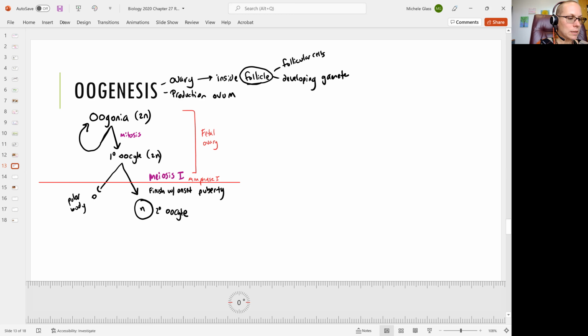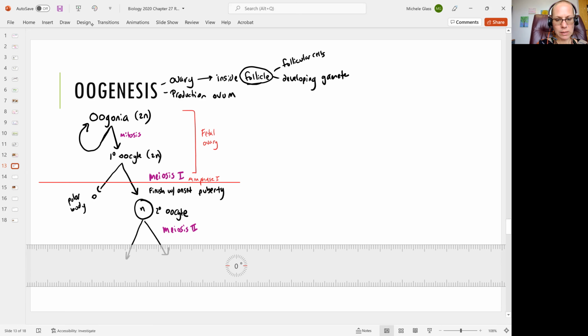Then we're going to see our secondary oocyte go through meiosis 2.